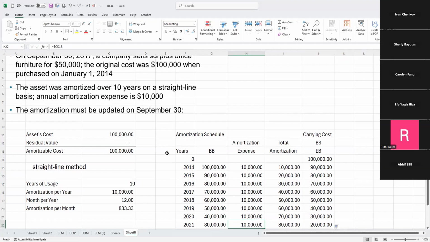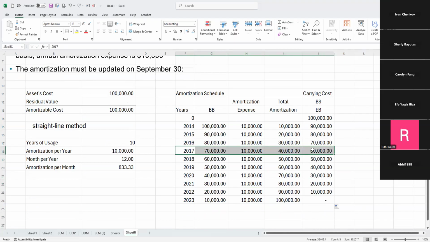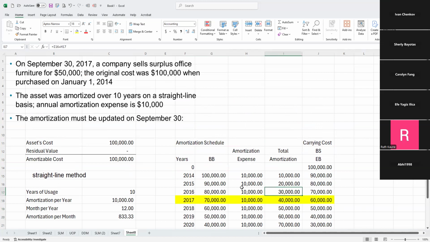Where are we right now? We are on year 17. This is where we are. We have our amortization up to year 2016. Now the question is, in 2017, do we have a full year? We don't.